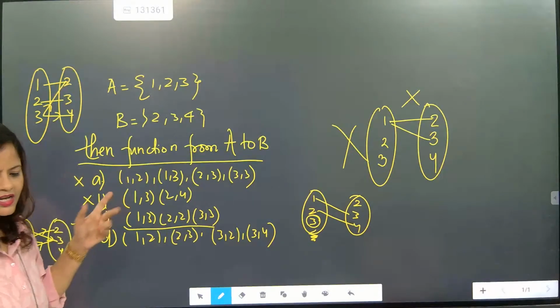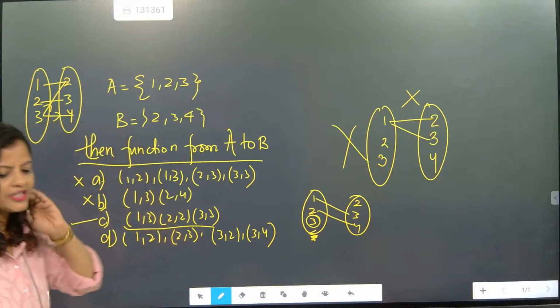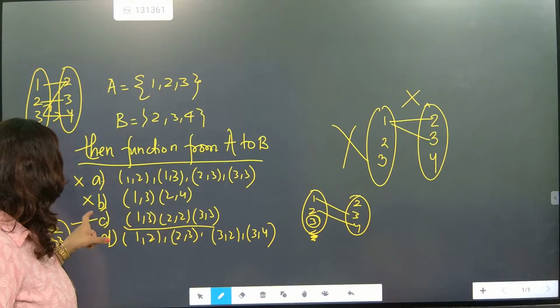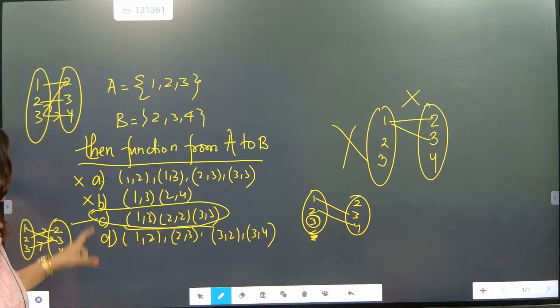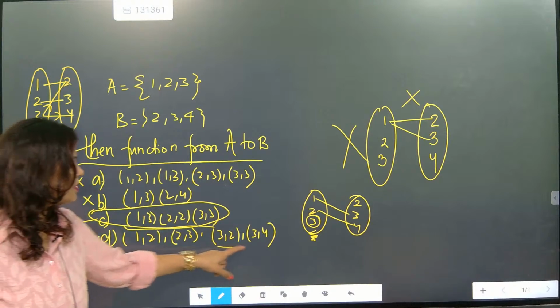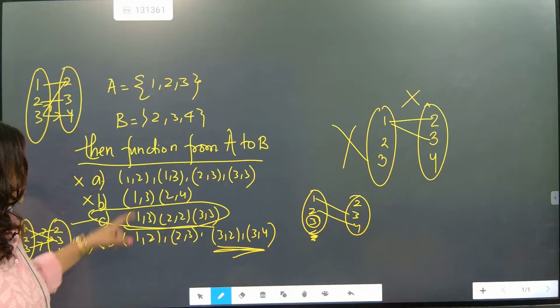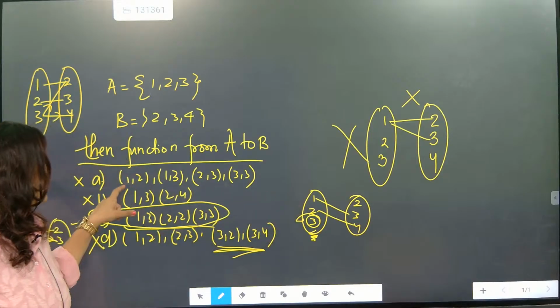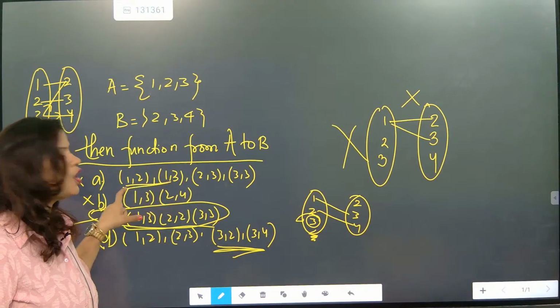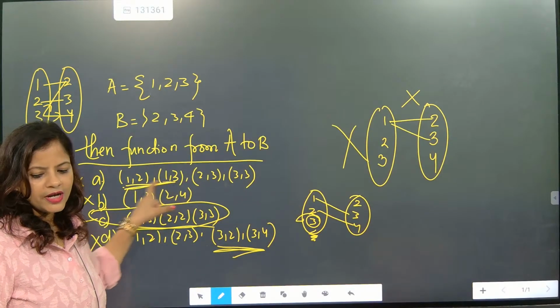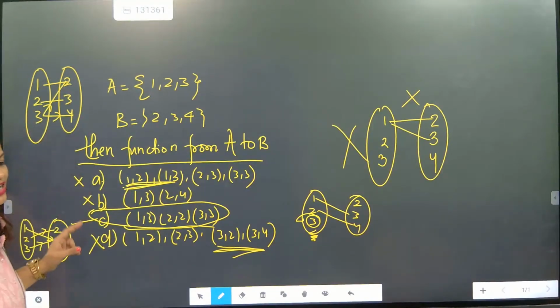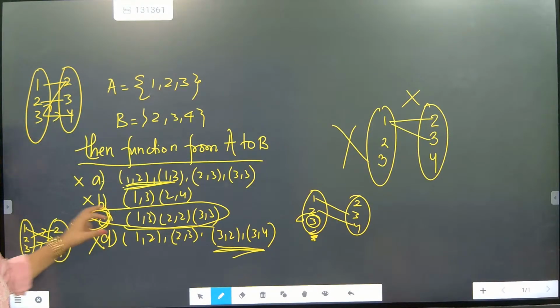One input should not have two outputs. So definitely, what is the correct answer, children? The correct answer is C. This one is also not there, because here 3 is missing and one input is having two outputs. So definitely C is going to be the answer.